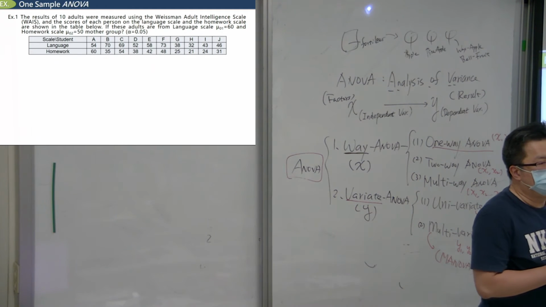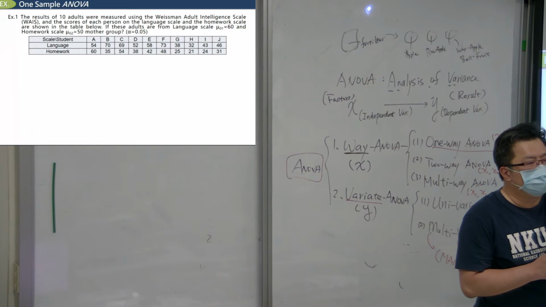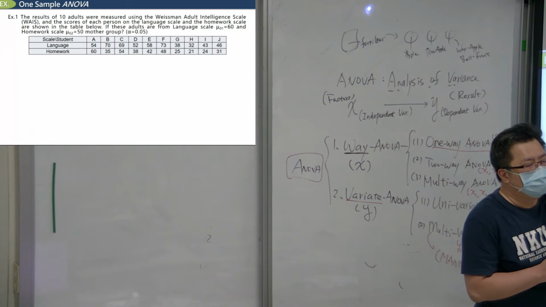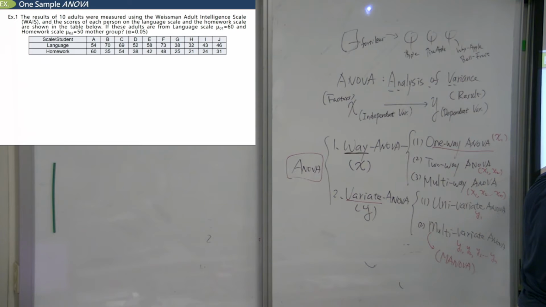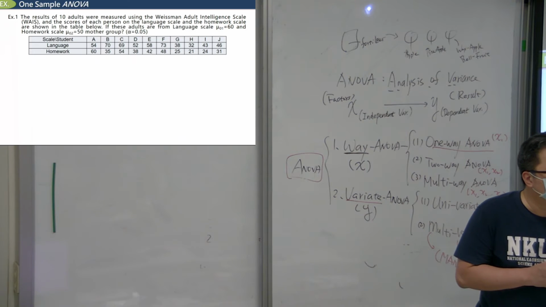As we know, most of the people, their language scale is 60, but their homework scale is 50. This is the general value.